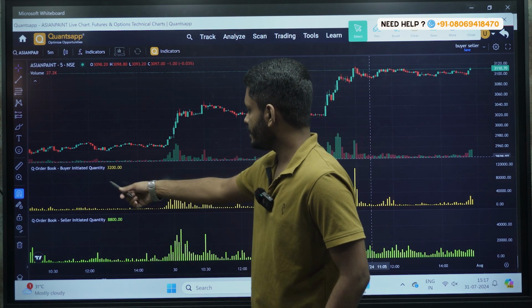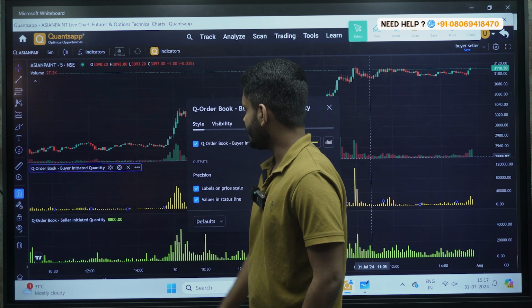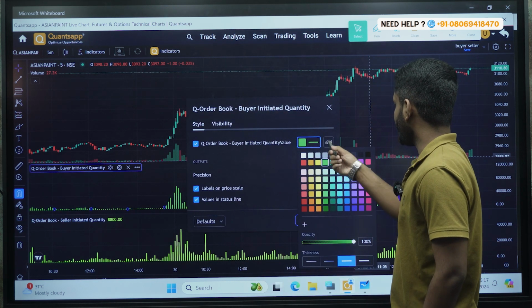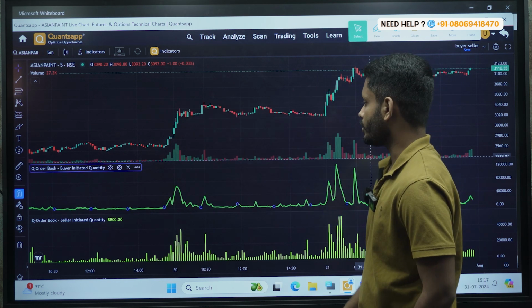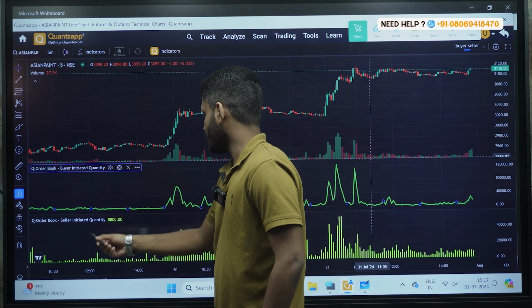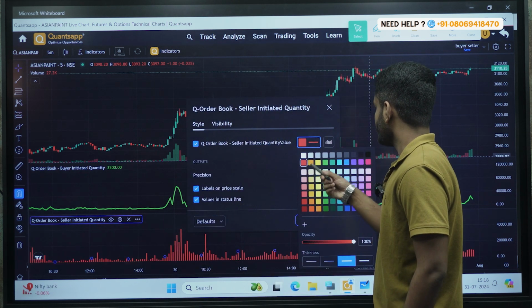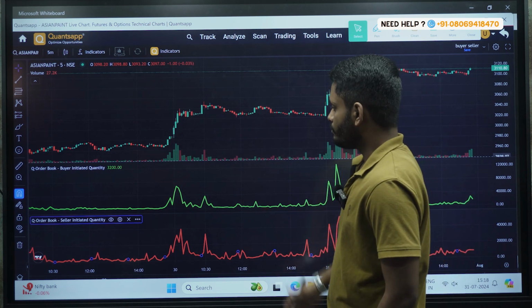Both are plotted differently. First click on buyer initiated quantity, go to settings. We'll denote buyer through green color, and I'll change this histogram to line, then click OK. Now seller initiated quantity: we'll denote seller by red color, change this histogram to line, click OK. Now both are plotted.